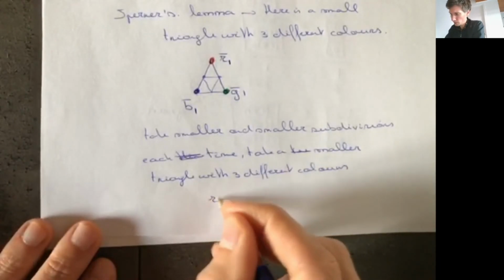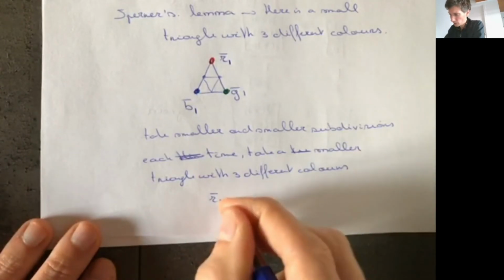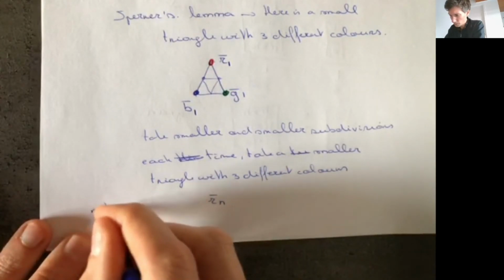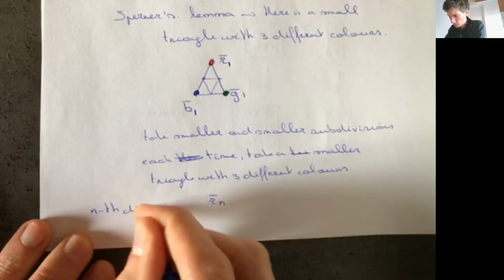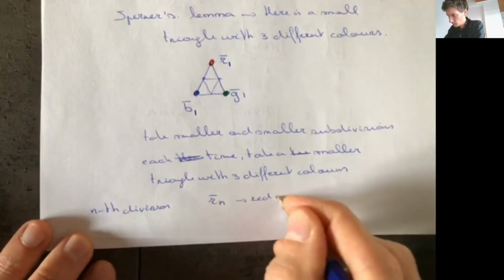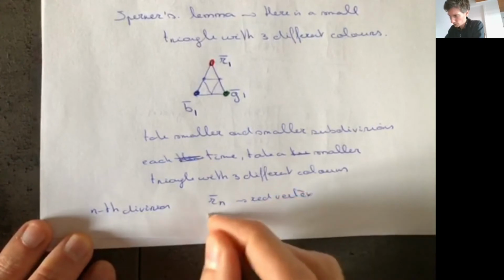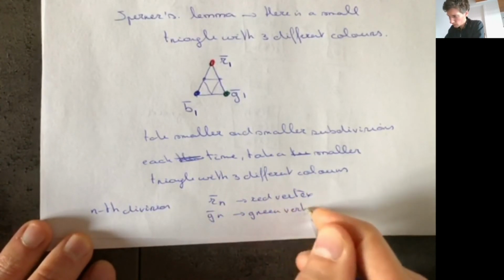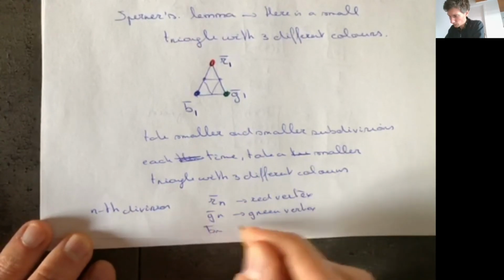Let Rn for the nth subdivision be the red vertex, and then Gn is the green one, and then Bn is the blue one.